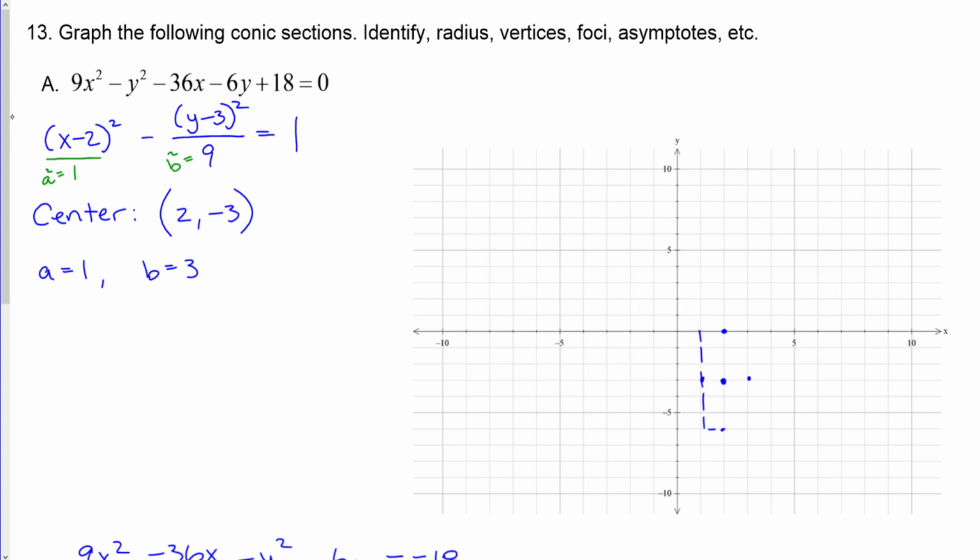So I have this box right here, and that box defines the asymptotes of this graph.